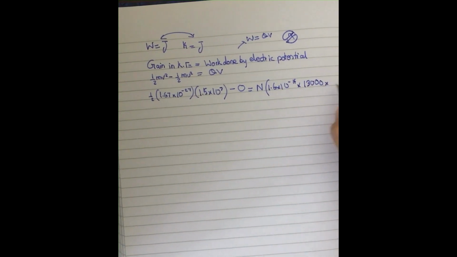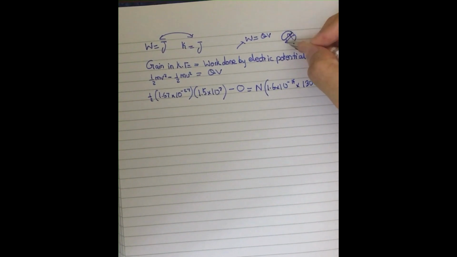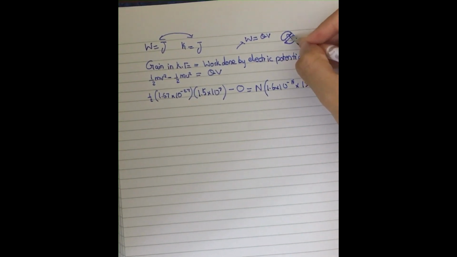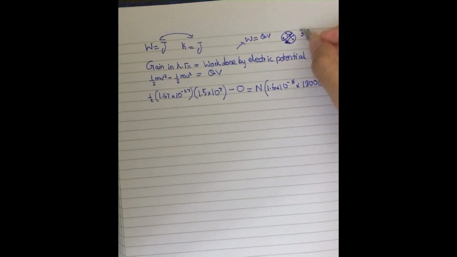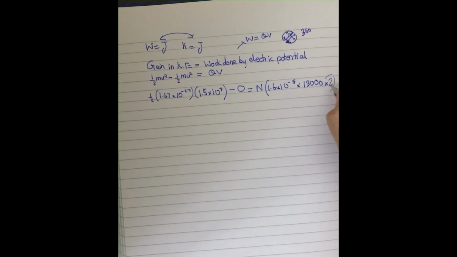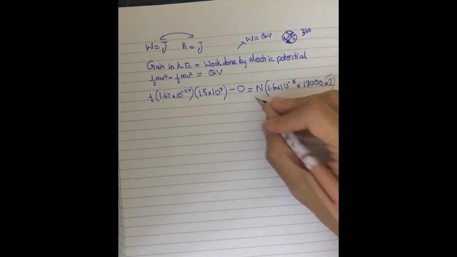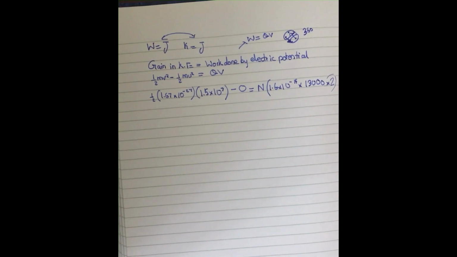And please don't forget to mention the 2. Why 2? Because there are 2 D's. For a full 360 circle, they have to go 2 times, one from this D to this D, and then from this D to this D. You can mention it inside or outside the brackets, it doesn't matter. I just mentioned it inside.